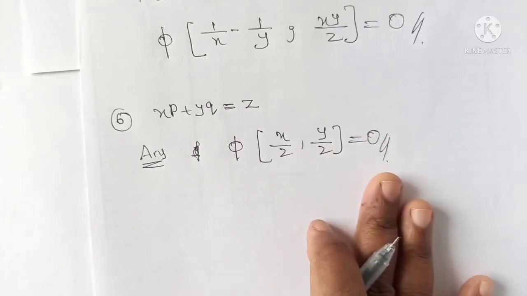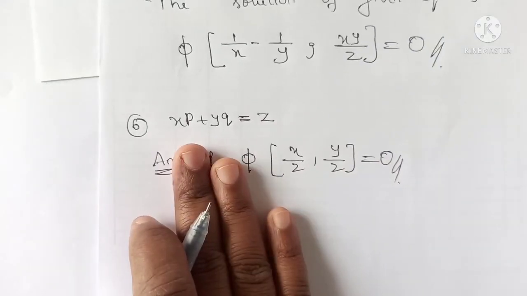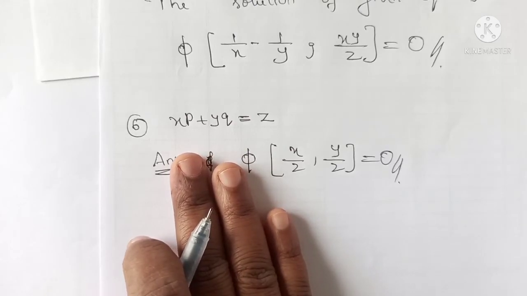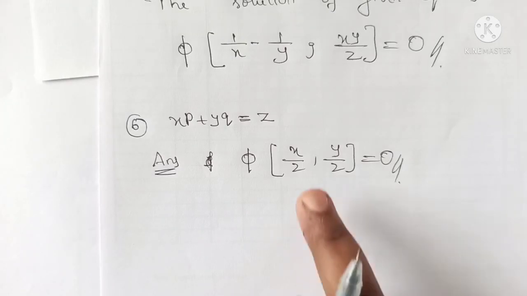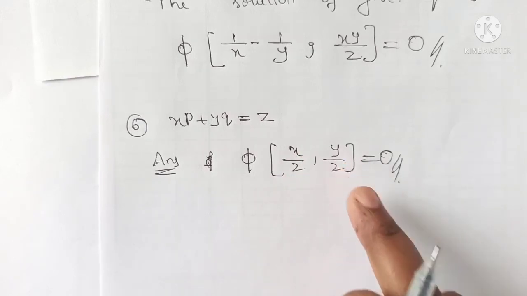It's very simple. Simply consider the auxiliary equation, consider the first two fractions, then by the method of grouping you will get the two sets of solutions. One is x by z, another one is y by z.